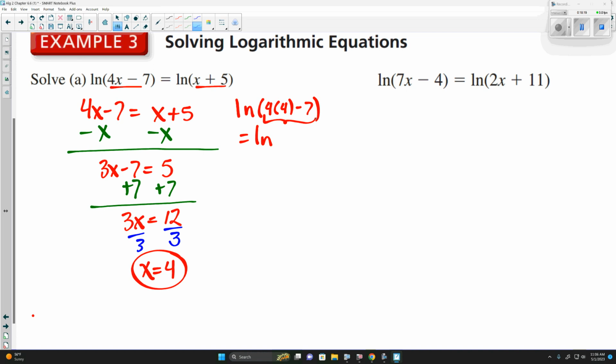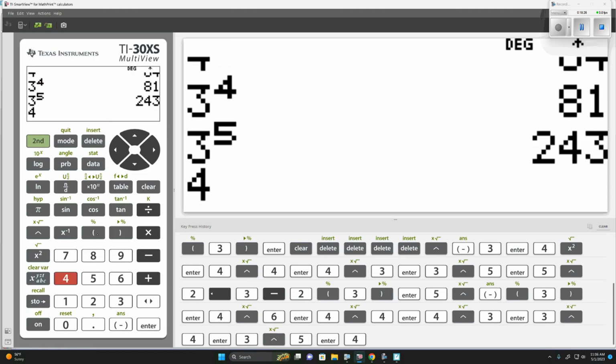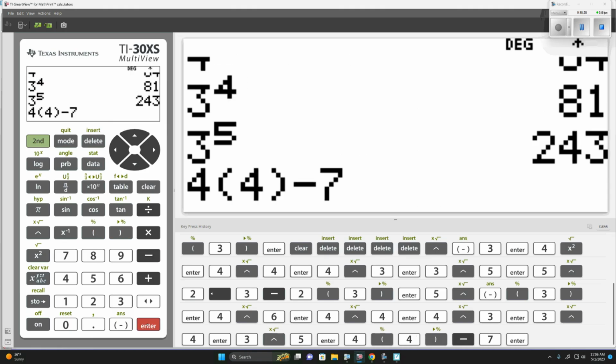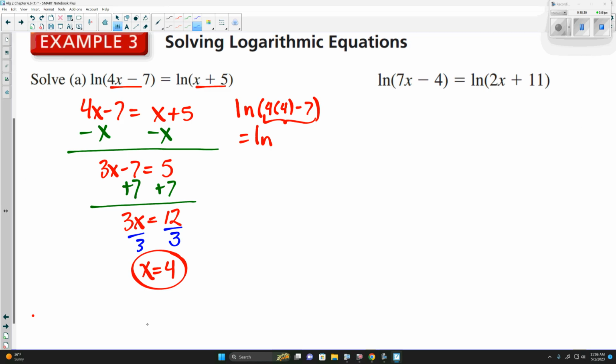Now, at this point, we can plug everything inside the parentheses into the calculator. We can say 4 times 4 minus 7, which gives us 9. So on the left-hand side, we have the natural log of 9. And if we plug it into the right-hand side, ln of 4 plus 5 is equal to the natural log of 9.